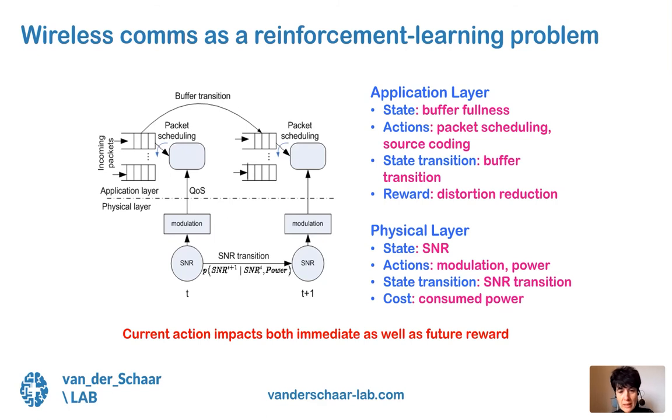It is important to note that, like in the previous case, the supervised learning setting where we can use support vector machines to solve the cross-layer optimization problem, in this particular setting, because we formalize it as a reinforcement learning problem, we consider not only the immediate cost and reward, but also the impact of actions on future rewards. So we are going to optimize a long-term reward.